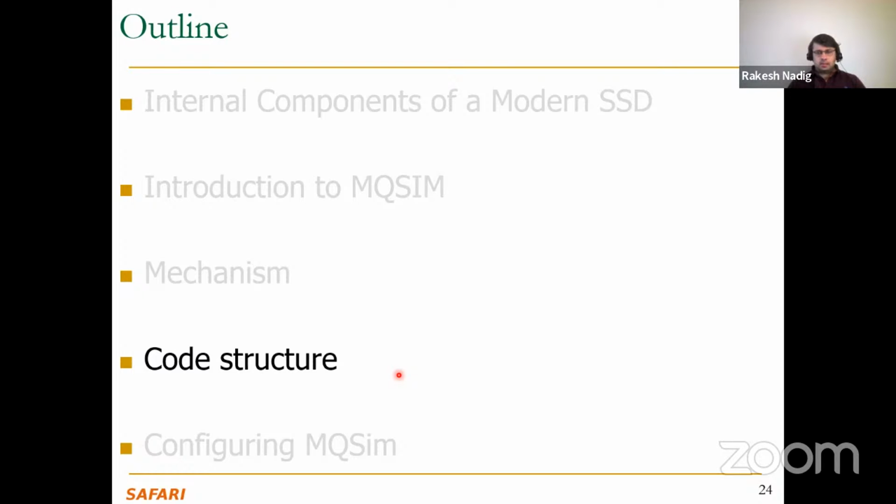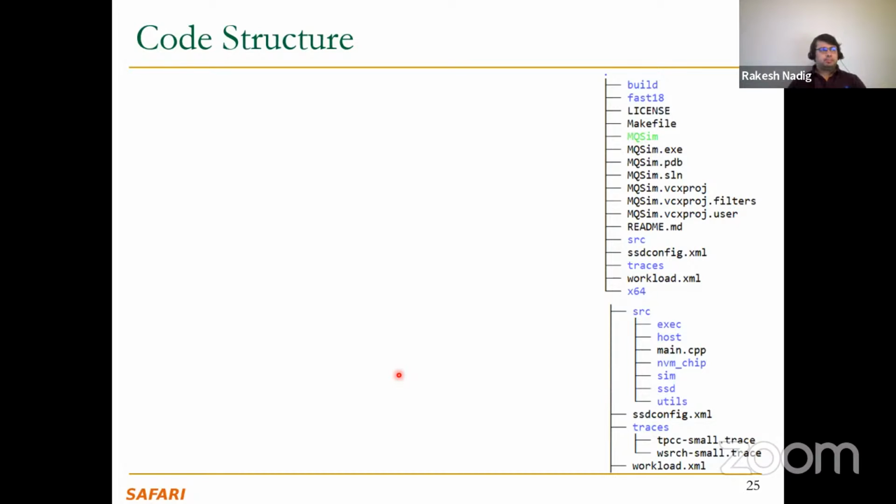Okay, so let's look at the code structure. MQSim has a bunch of files and folders. If you take a dump of the GitHub code repository, some of the main folders that we need to look at are the source folder, the traces folder, and also files like SSD config.xml and workload.xml.